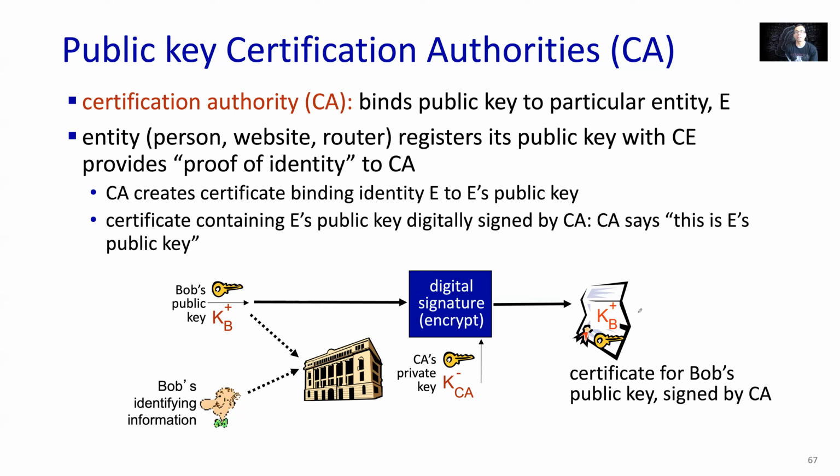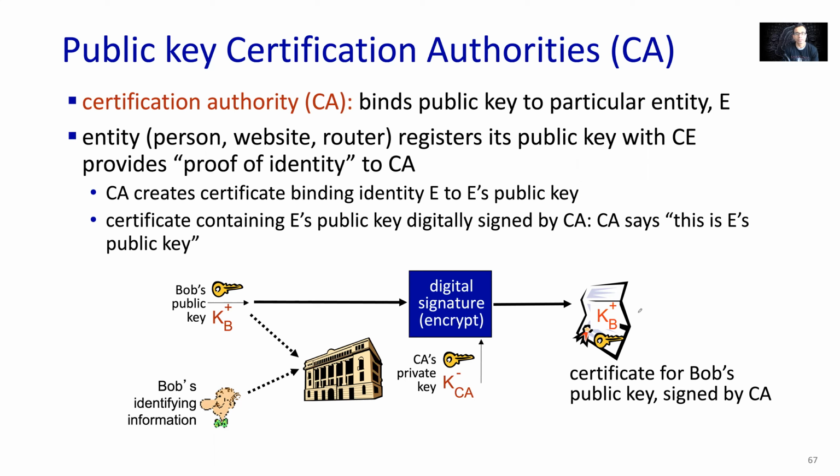So for that, there is this whole notion of public key infrastructure or certificate authorities. The assumption here is there are certain well-known third parties, called certificate authorities, who can actually attest someone's public key.